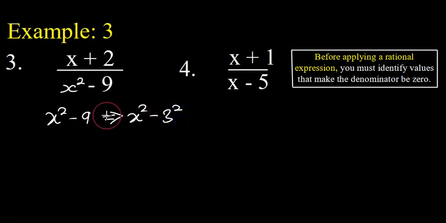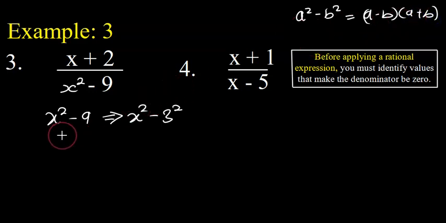So this gives us 3 squared. But there's a concept that we must recall: a squared minus b squared can be written as a minus b times a plus b. This is the difference of two squares. If we apply that concept here, this gives us x minus 3 and x plus 3. So this is the simplification of this.